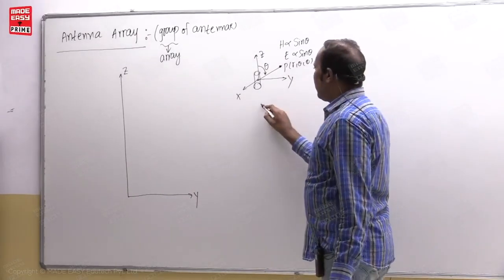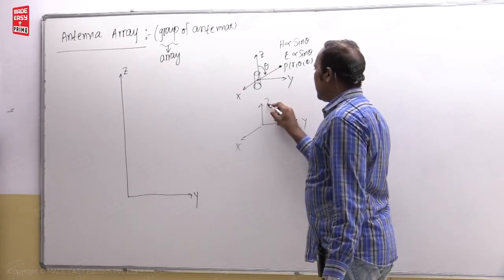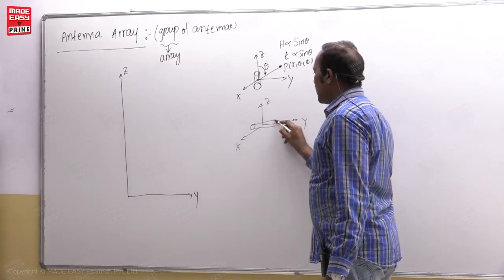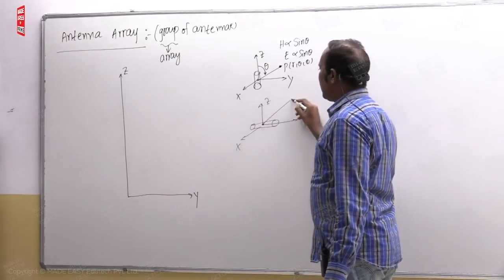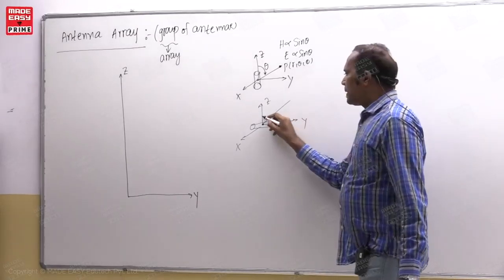That is why, if you take a horizontal antenna, theta here is 90 degrees only.